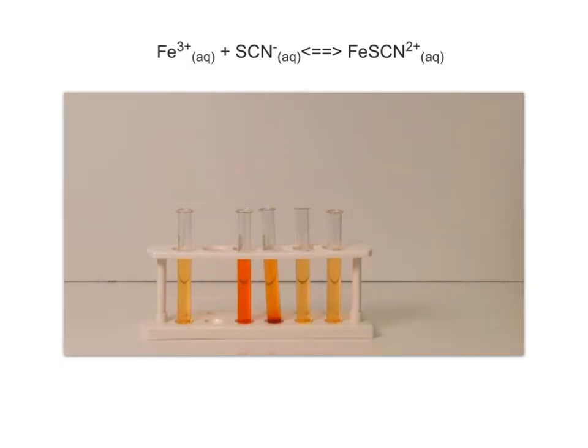In this step, we will try something different. Instead of increasing the concentration of one of the reactants, we will add something that will decrease the concentration of iron 3 ions. Hydroxide ions form a precipitate with iron 3, thus reducing its concentration in solution.